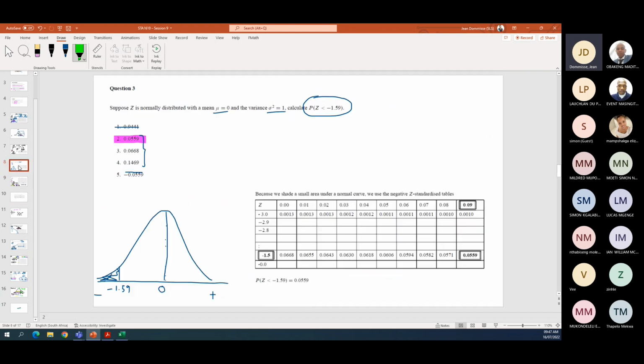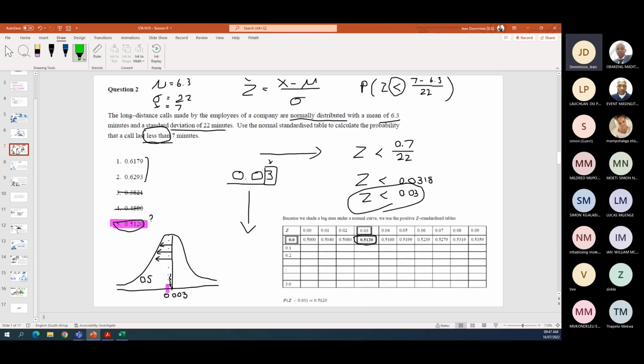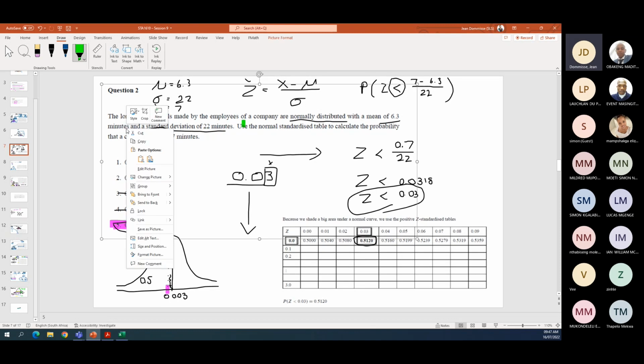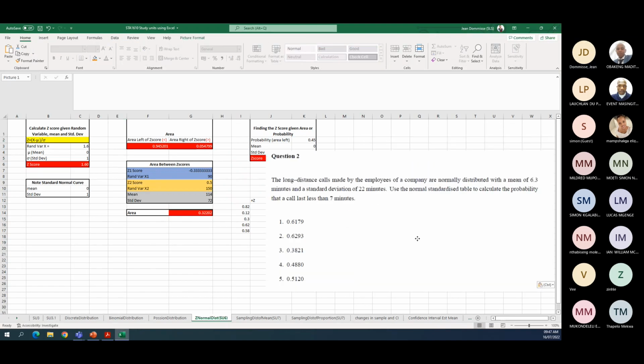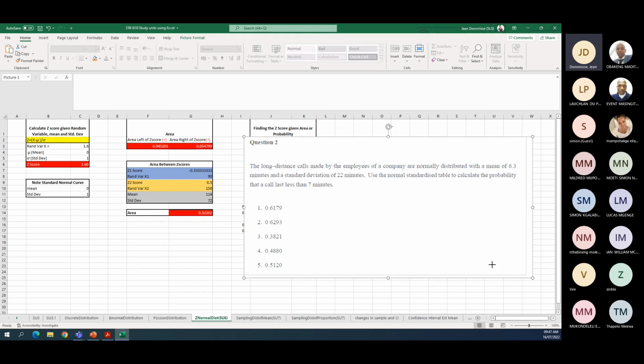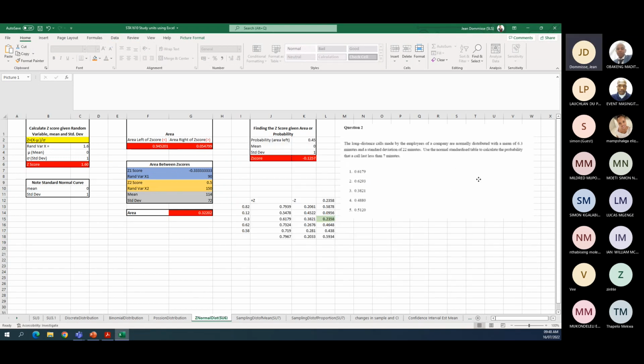Okay, so I just want to get one of these and quickly see if I can show you on Excel. And hopefully this one works nicely.